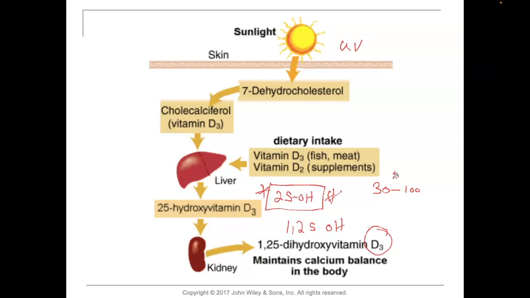For me, I think that sweet spot is somewhere around 55. Even though this is the range, we know that optimal levels are around 50 to 55-ish. That's more optimal.